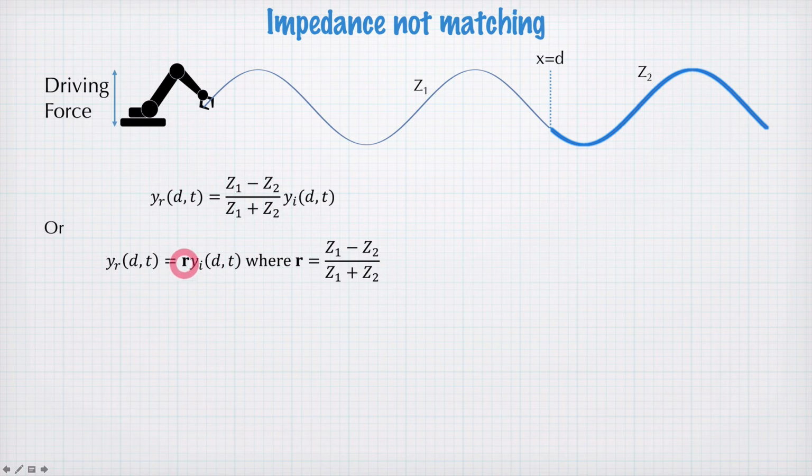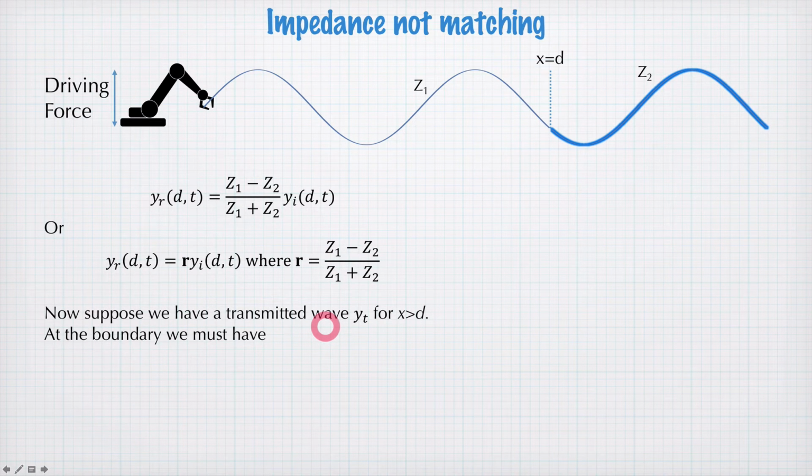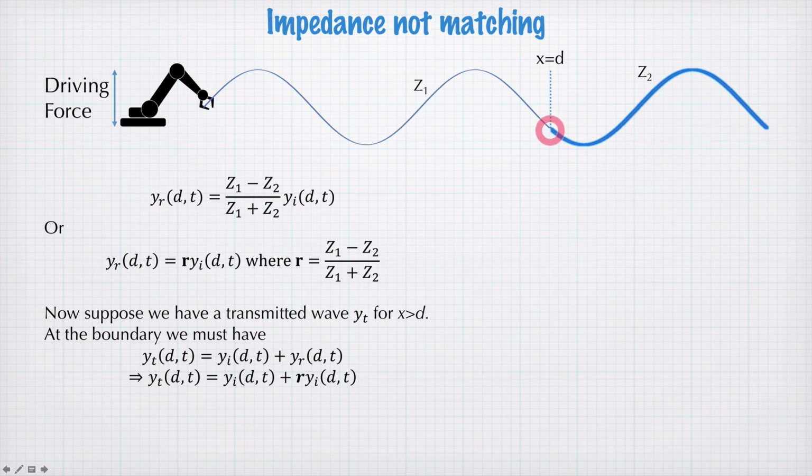So now we have the reflected wave amplitude given by this. We can rewrite this as the reflected wave amplitude given by r times the incident wave amplitude, where r is this ratio here. Now suppose we want to consider the transmitted wave, so the wave that goes to this boundary and then gets transmitted into a string with impedance Z2. At the boundary, we must have the amplitude of the transmitted wave equal to the sum of the amplitudes of the incident and reflected waves, so that the string is continuous across this boundary.